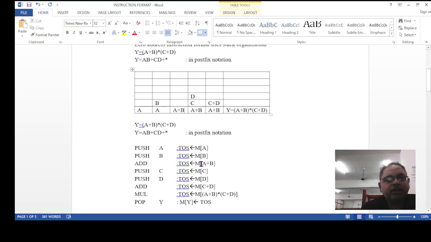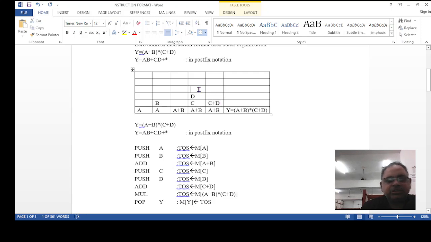So after evaluating A plus B, there is C D plus. For this we have push C, then push D, and again there is add. What this add operation will do: we have pushed C, we have pushed D. Now the add operation will add C and D, and C plus D will be stored here.